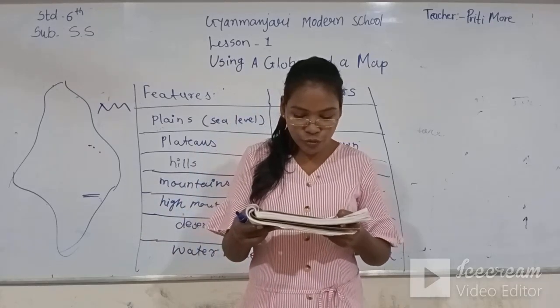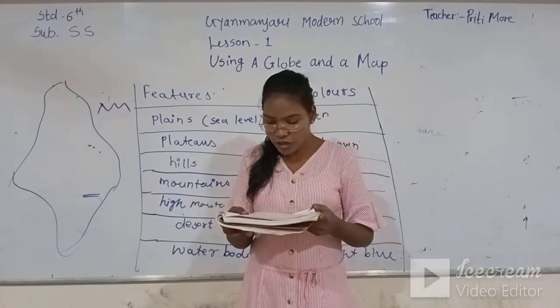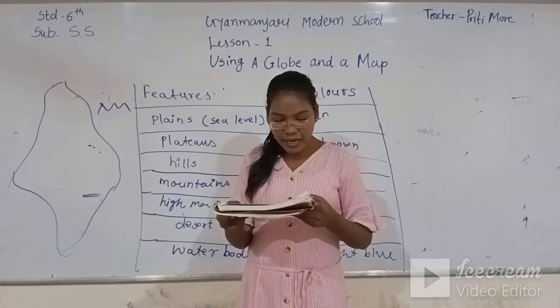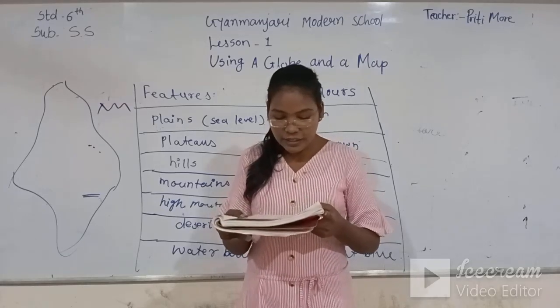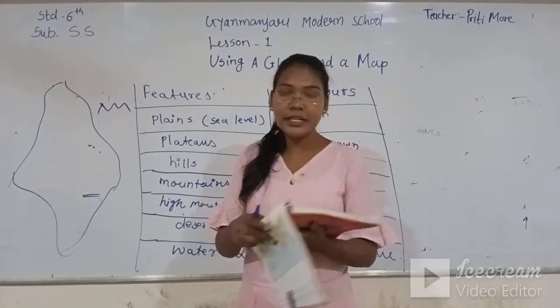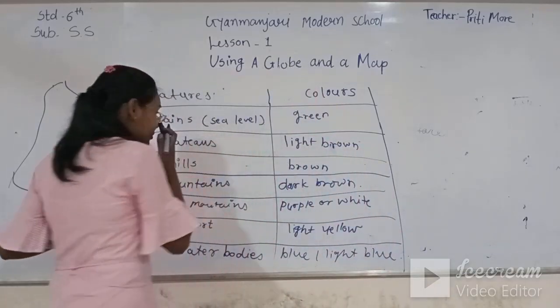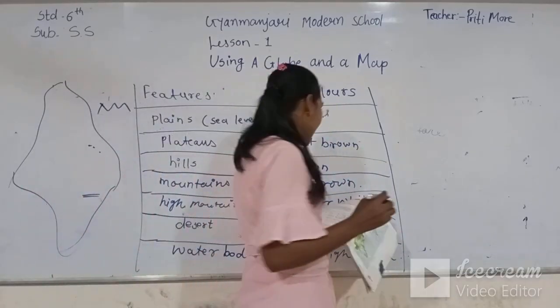Different kinds of maps show different features. They may cover one particular theme, and hence they are called thematic maps. See, there are thematic maps.